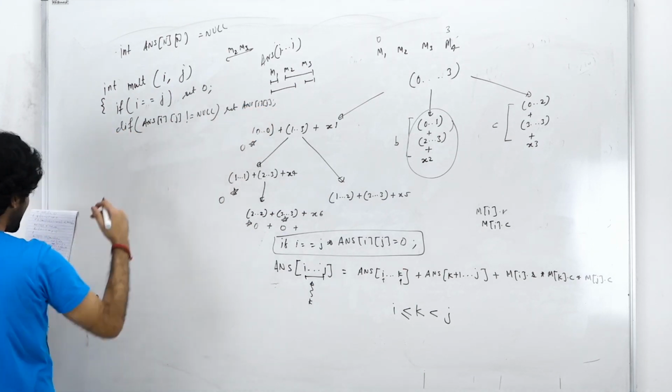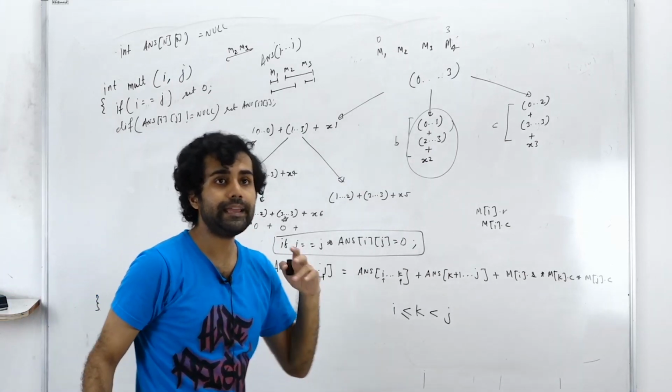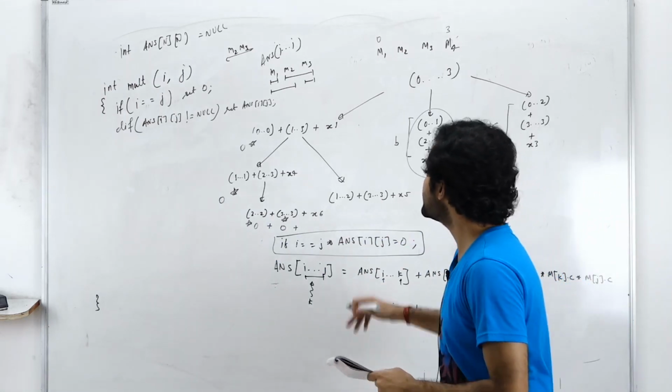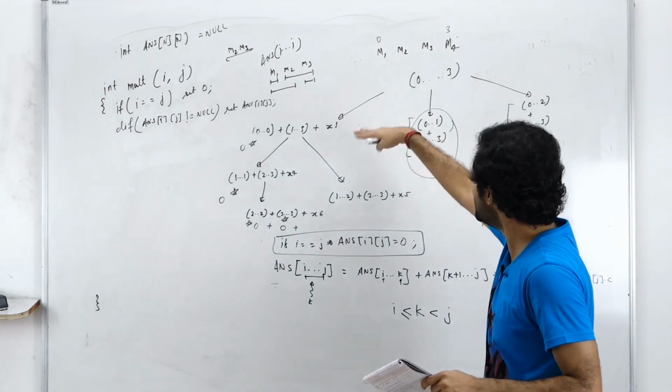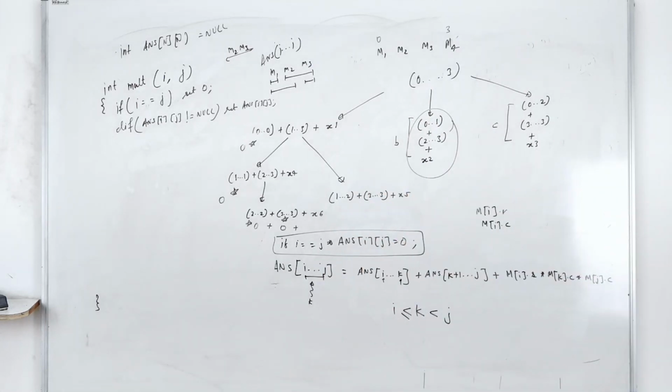Otherwise, it means now I have to solve it. Unlike the last question of LCS or LPS, I don't just have 2 calls. I have multiple calls. I have n minus 1 calls. Do you realize this thing? So what did we do in recursion problems when we had to make multiple calls?